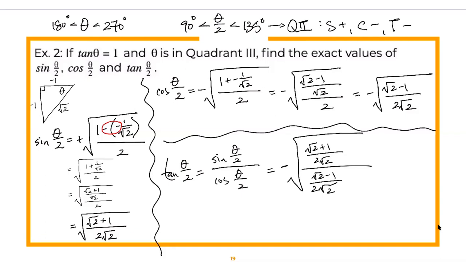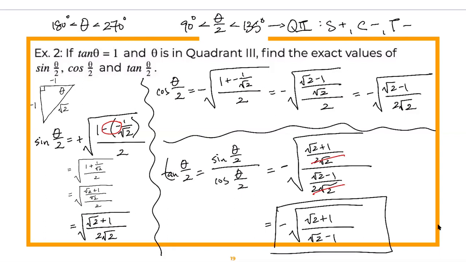You could leave it like that, or if you simplify a little bit more, these are going to reduce, and we'll end up with root 2 plus 1 over root 2 minus 1. Okay. Any questions about example number 2?